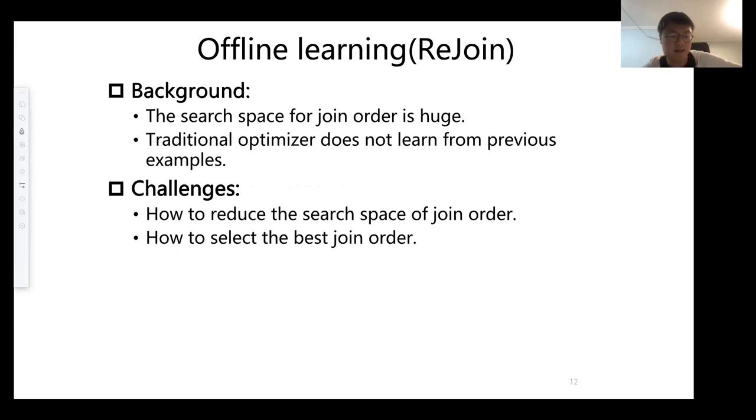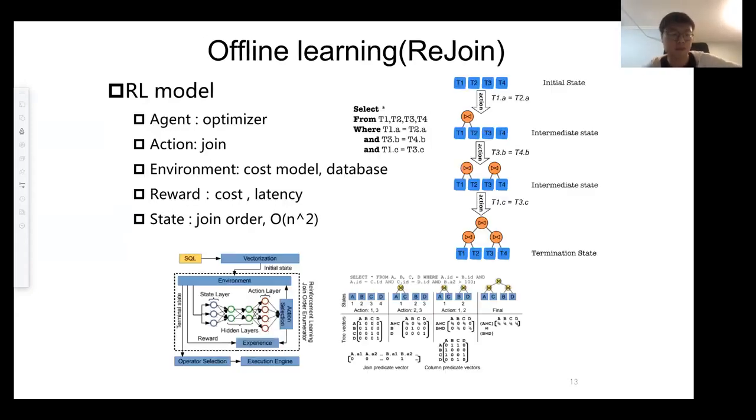The first challenge is how to reduce the huge search space of all possible join orders. The second is how to select the best join order among all the possible ones. Reinforcement learning naturally fits the join order selection problem.